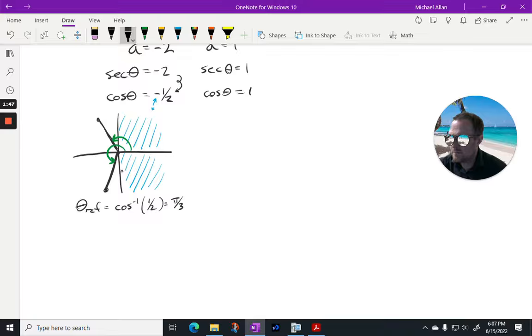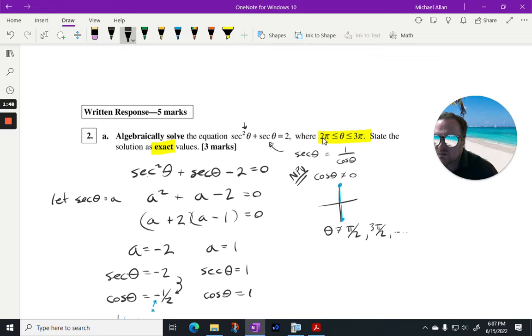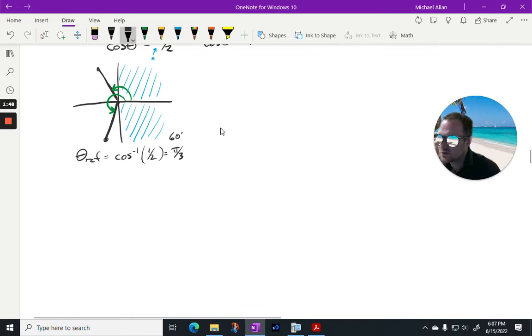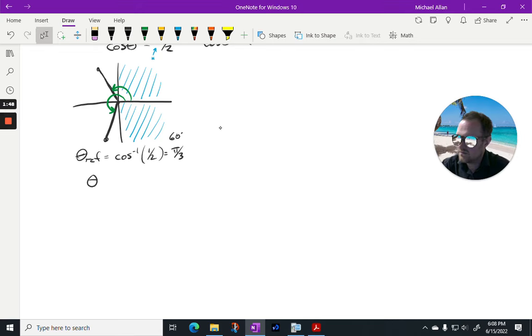Now, once I know that, my two answers here, so let's put down 60 degrees here. My two answers are going to be, what am I supposed to do? This is supposed to be from 2 pi to 3 pi. So I'm just going to do the first one, then I'll deal with the domain later. So my first answer is going to be 180 minus 60.